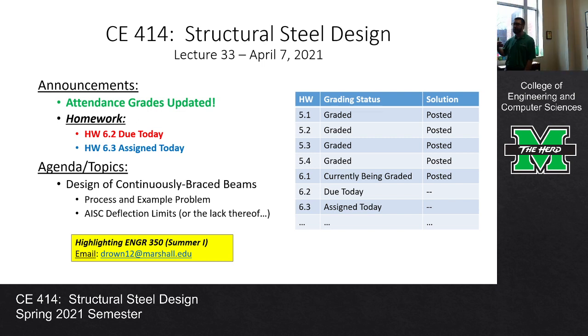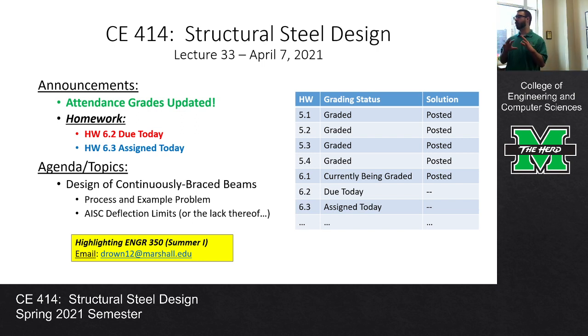Like I said, we're going to keep on trucking with the assignments, so you get homework 6.3 today. I think it's maybe a little shorter than homework 6.2. That one was probably pretty long, not for the steel design side of things, but for the structural analysis side of things. I really want to make sure that you're familiar and comfortable with some of that, because our next topic is going to be discretely braced beams.